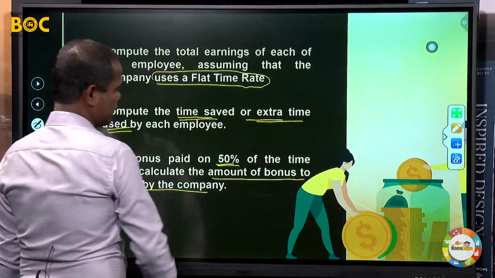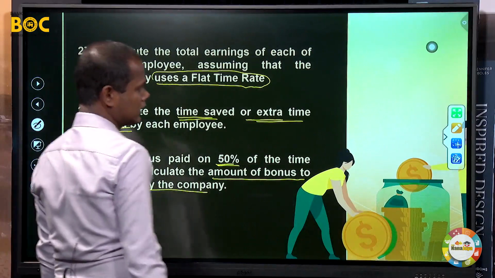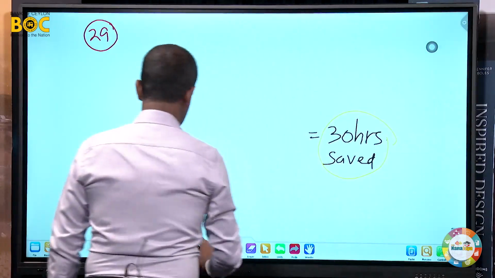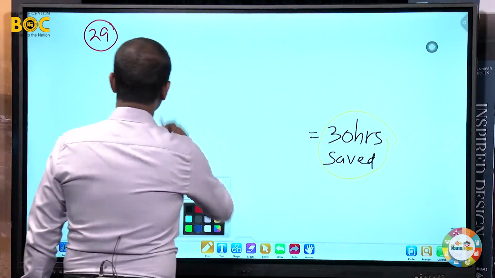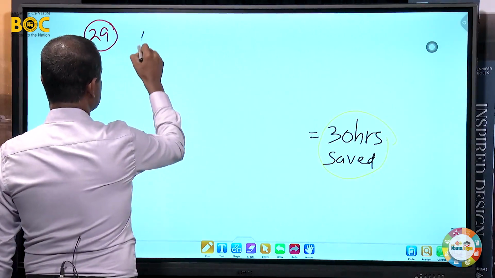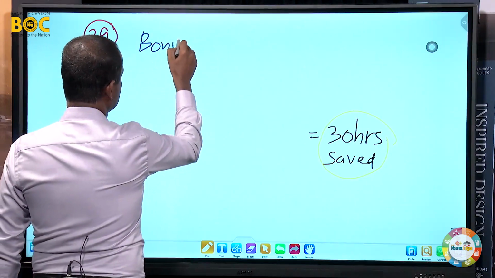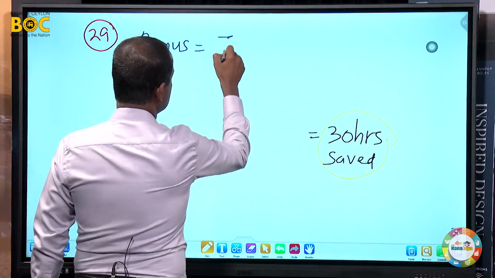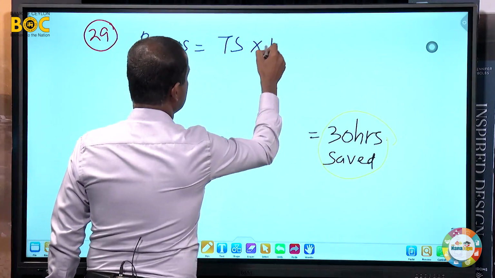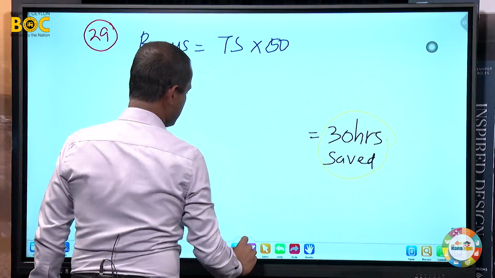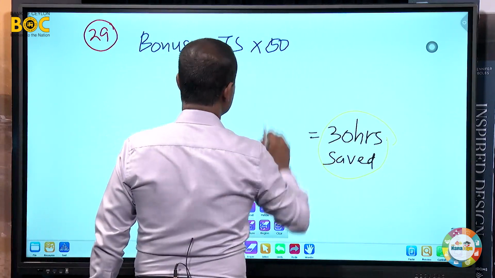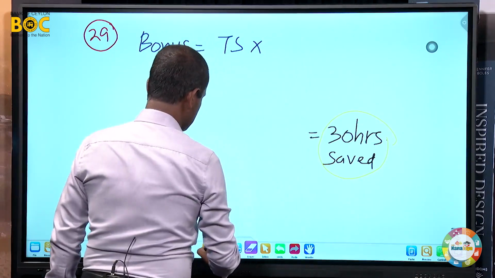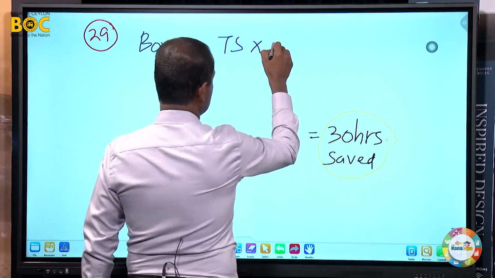You pay 50% of that as bonus. How do you calculate the bonus? The bonus equals time saved into 50% into the hourly rate.